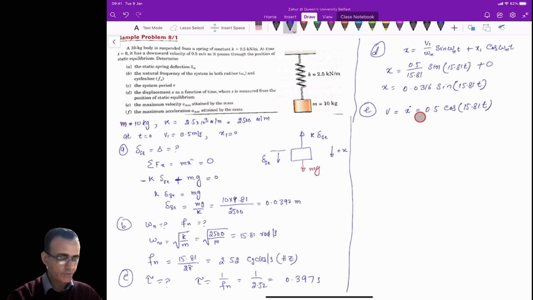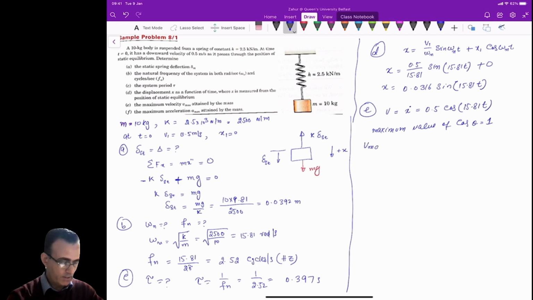In this case, you want to calculate the maximum value. Obviously, this cos is changing with time, and the maximum value of cos theta is 1.